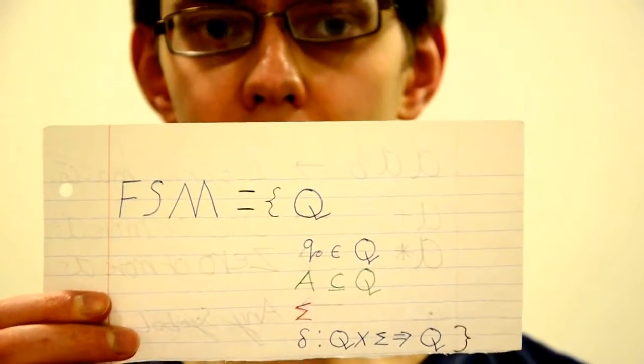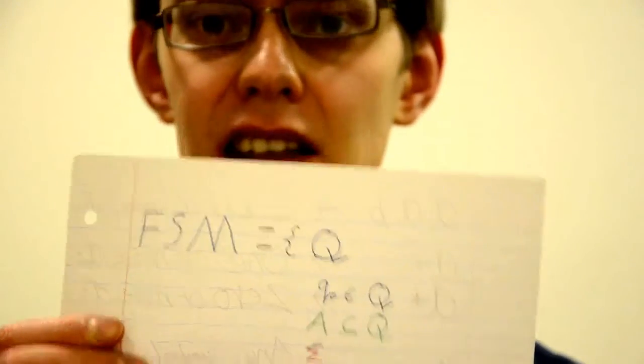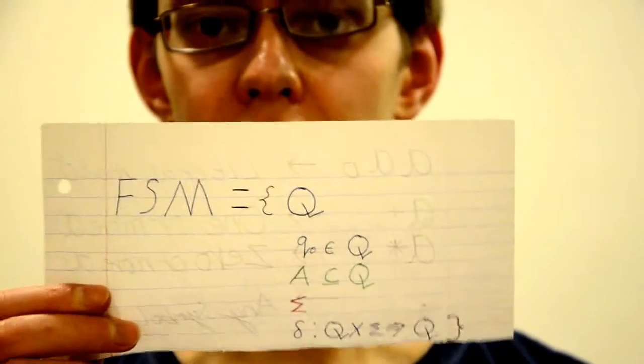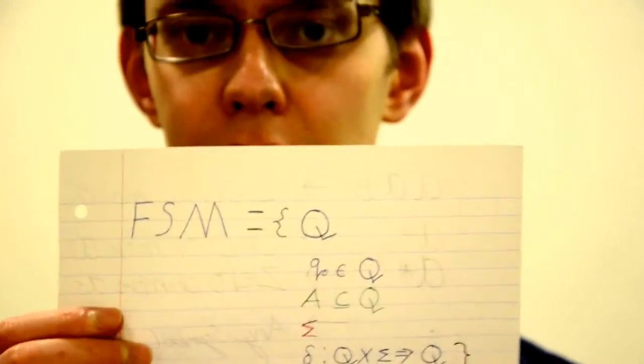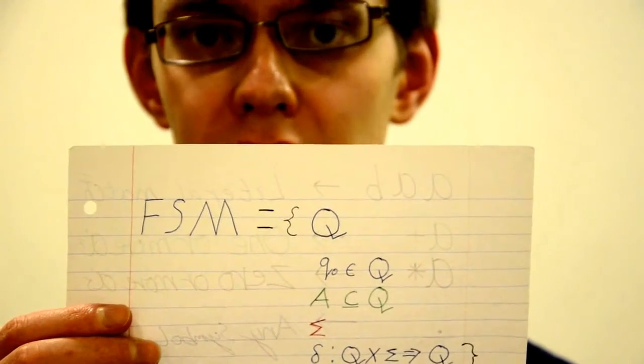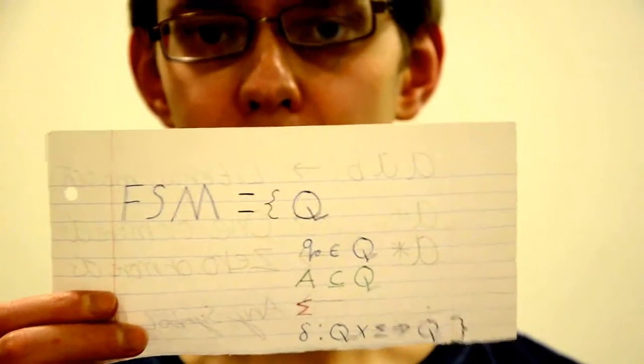Then there is the alphabet, which will be a set of symbols, in this case characters, from which the languages that the automata may accept or will attempt to recognise can be built.